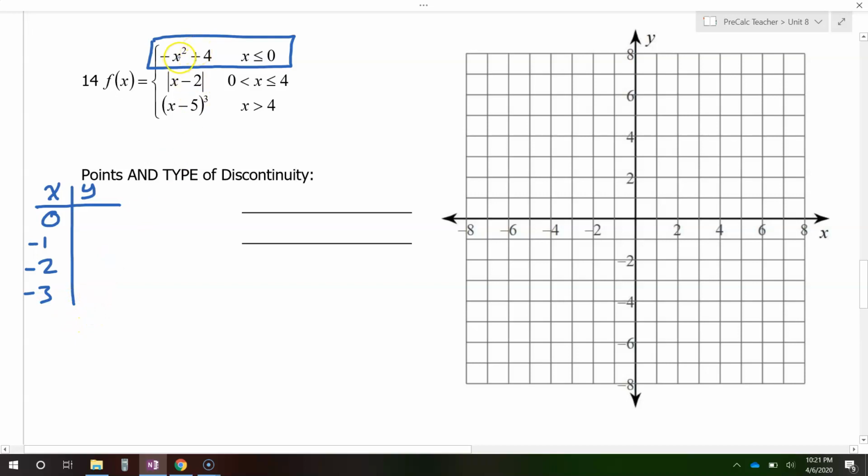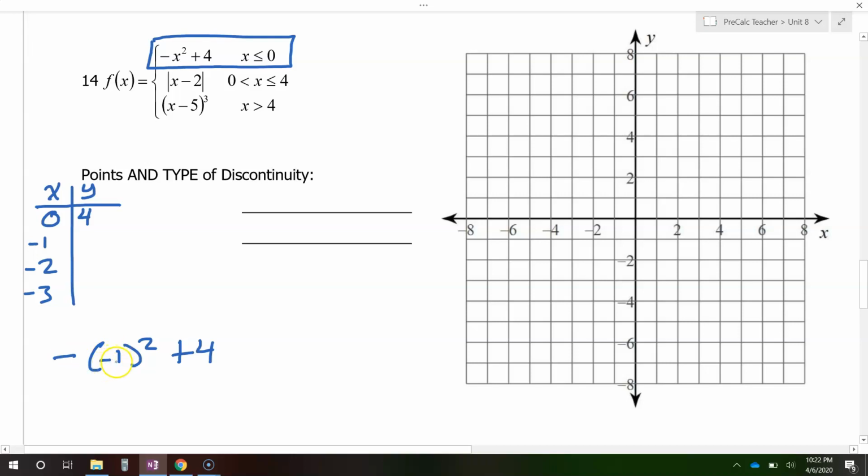Now, the function is negative x squared plus 4. So if x is 0, 0 squared is 0 plus 4 is 4. Now, what if x is -1? Remember that you have to square it first and then apply the negative.